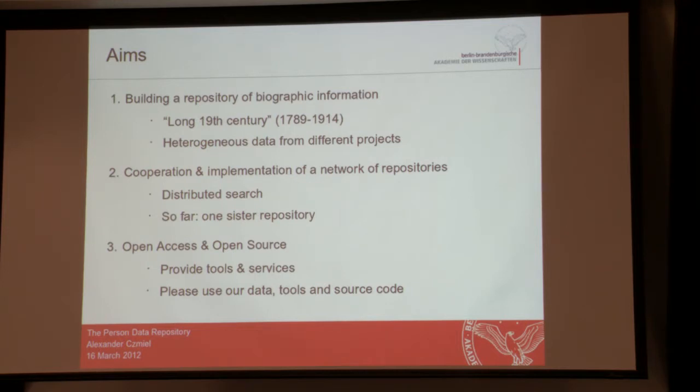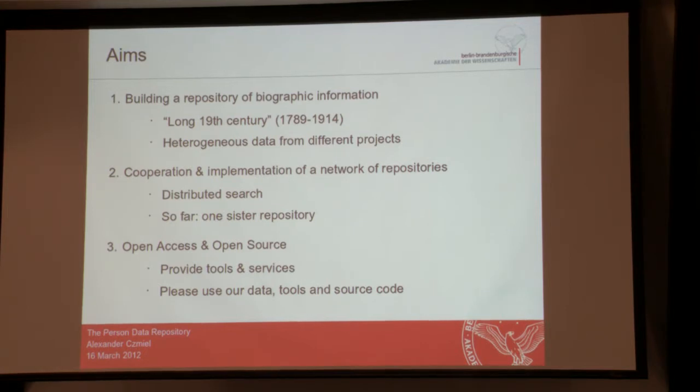A second very important point is cooperation and the implementation of a network. We want to set up more repositories all over the world and build a distributed system. So far we have one sister repository, so you cannot really talk of a network.